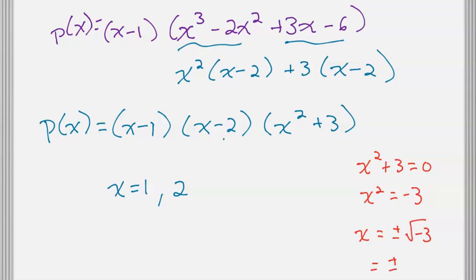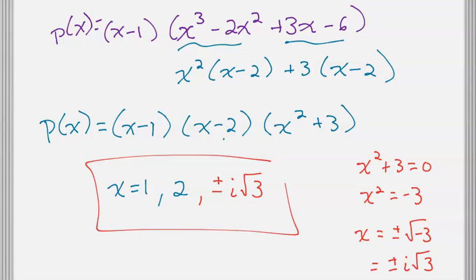So it's plus or minus i root 3. Okay, so our third and fourth solutions are plus or minus i root 3. And these are the values of x that solve that polynomial. All right, these are the zeros of p of x. There are 2 that are real and there are 2 that are imaginary.